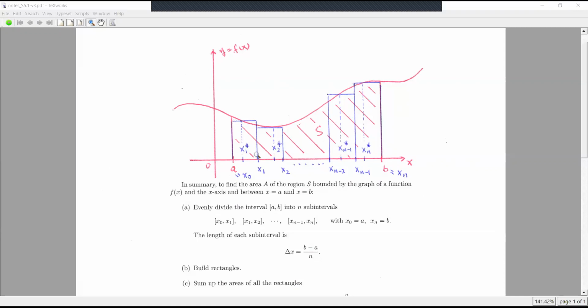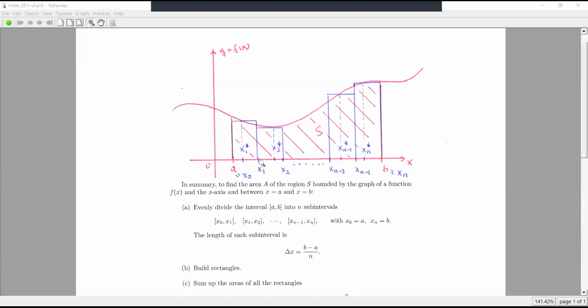You can choose x1 star as the left endpoint, the right endpoint, or the midpoint of the interval, or you can arbitrarily pick x1 star. It doesn't matter. After we have x1 star, we use the function value at x1 star as the height to build one rectangle.